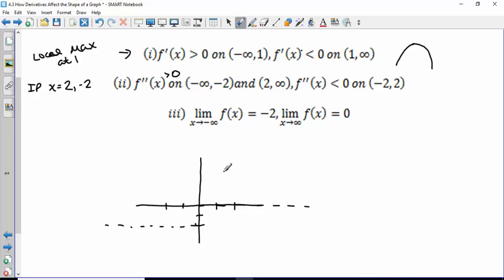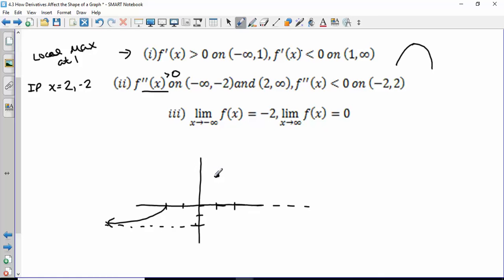I know I have to have a maximum at 1. I don't really know where, so I'm just going to put one somewhere. Okay, until I get to negative 2, my graph is concave up. So that means it would hold water, right? This is a horizontal asymptote, so it's approaching that. So I have a concave up graph. After negative 2, it's going to switch to concave down.